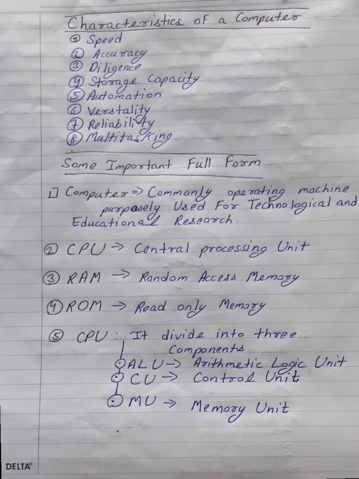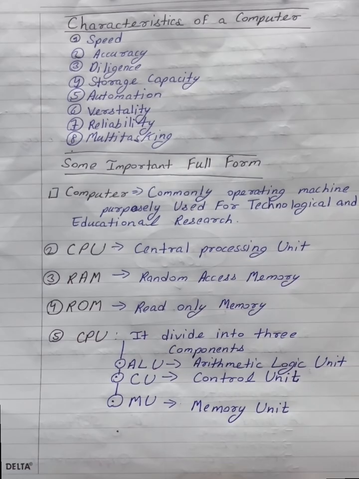If we compare it with a human, a human needs rest after completing any work, but a computer does not need any rest, which makes it better in terms of performance.